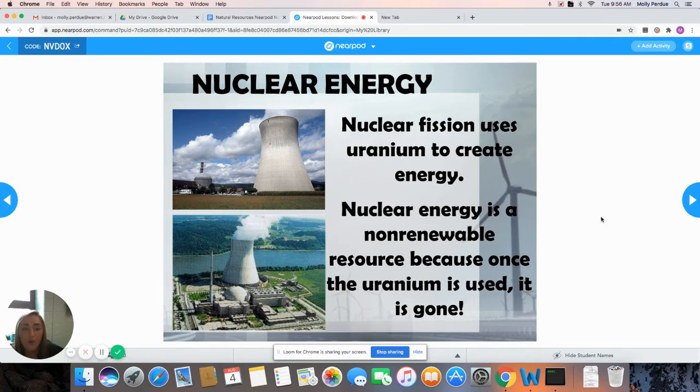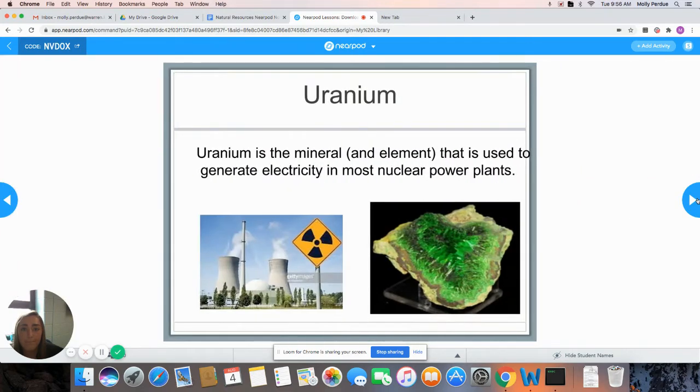Nuclear energy uses uranium as its primary resource here. Uranium is the mineral and element that is used to generate electricity in most nuclear power plants. So we're using this uranium, this mineral that's naturally produced by Earth, to generate electricity to power these nuclear power plants.